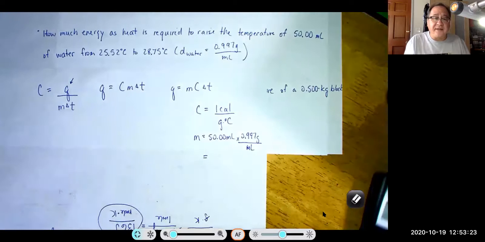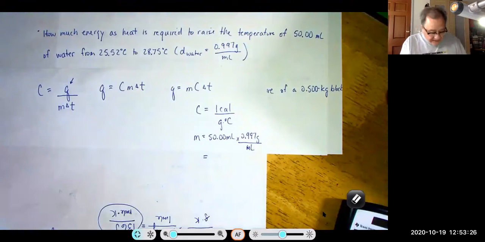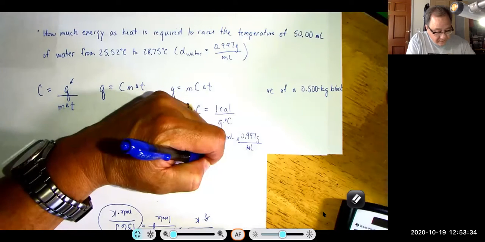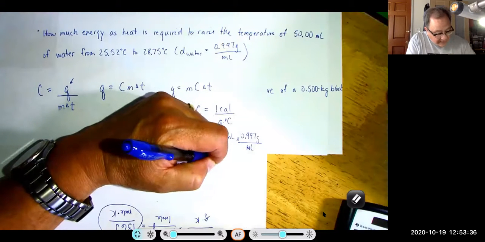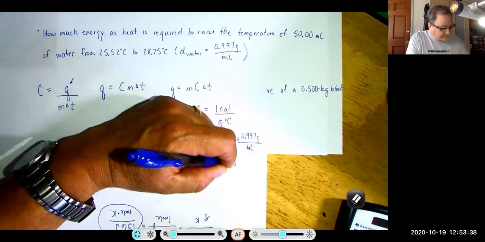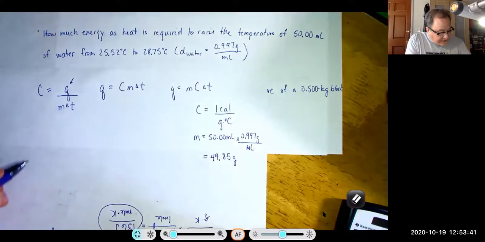So the mass is going to be around 50, but a little less, right? So I get 49.85 grams.